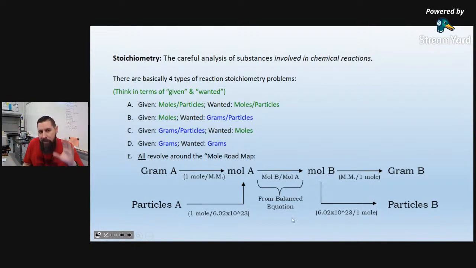So let's delve a little bit deeper into this mole roadmap with these four types of problems that you can encounter. So again, the first type is this mole to mole or particle to particle. And if you look at the mole roadmap, if I start at moles of A and I'm trying to go to moles of B, the only thing I need is a balanced equation.